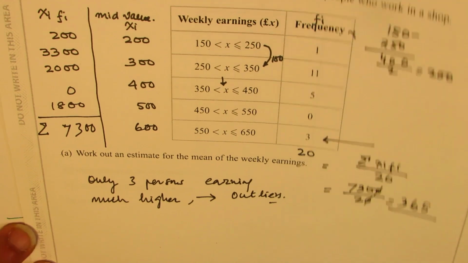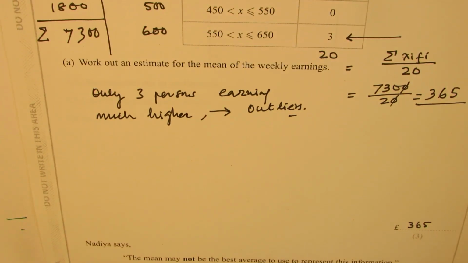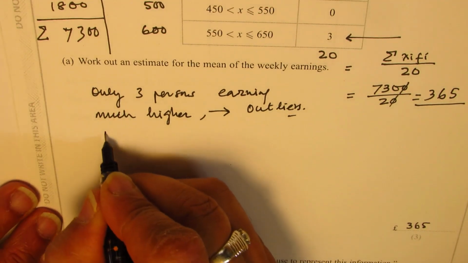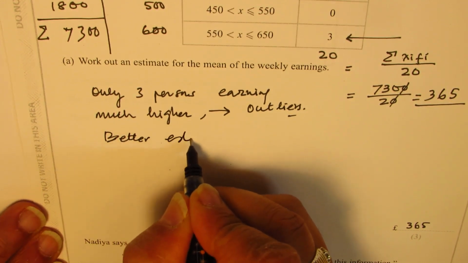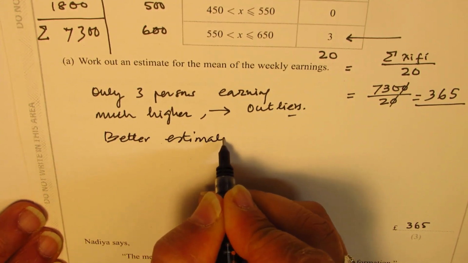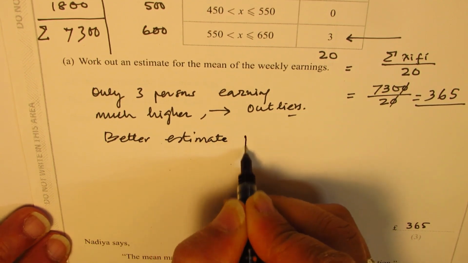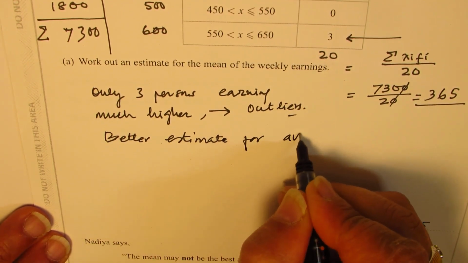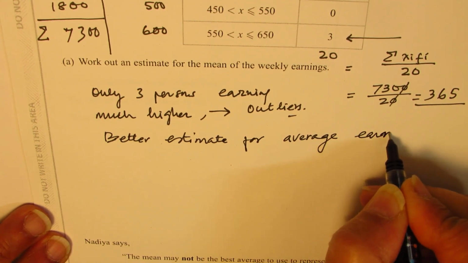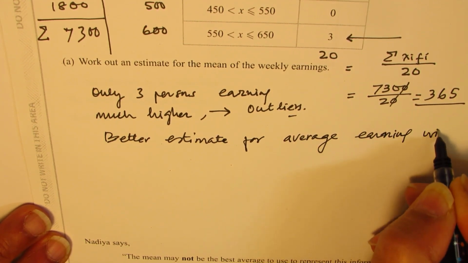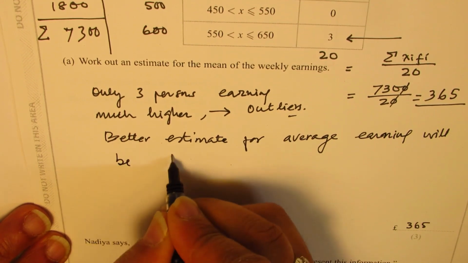We exactly will not say outliers. The better estimate for average earning will be what? Will be median.